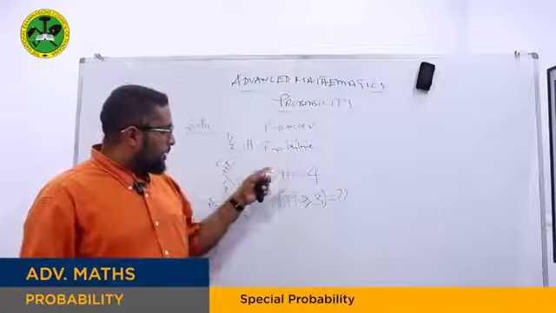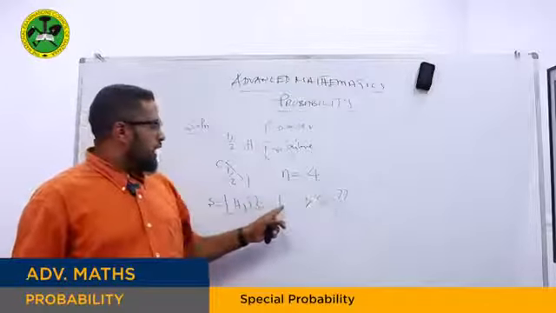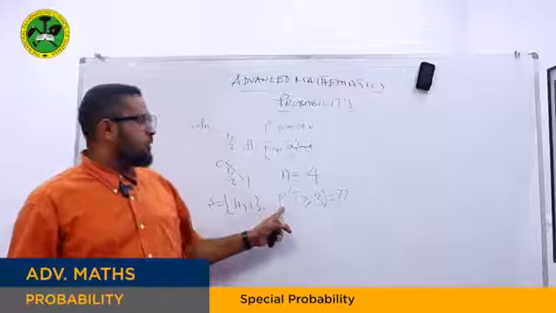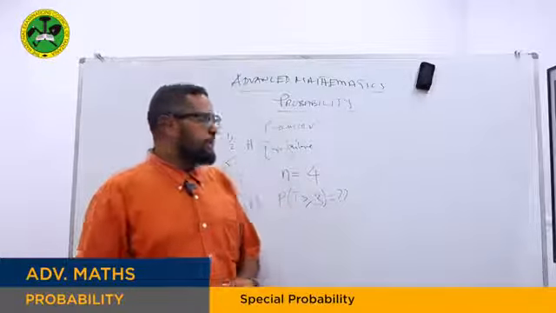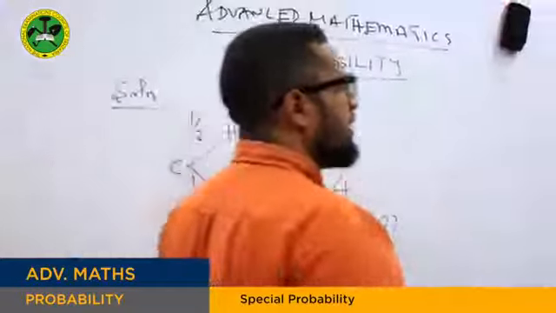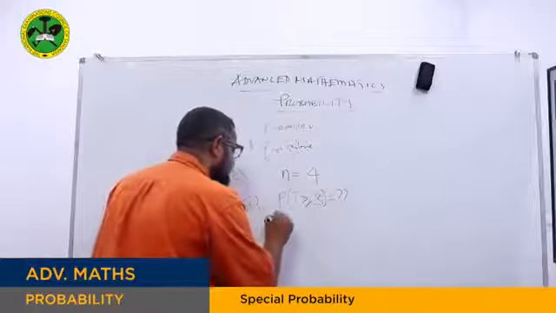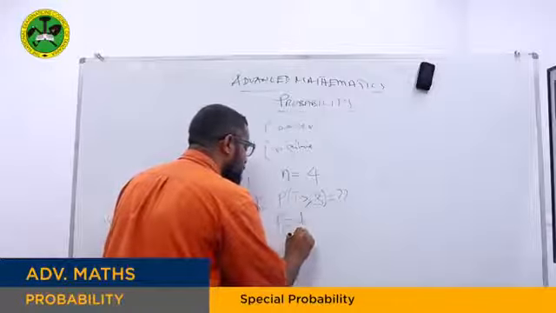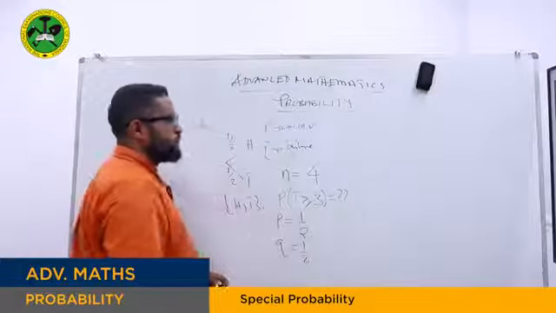We are given the number of trials as 4. Our question is asking the probability of obtaining at least 3 tails. Now, what is P and what is Q when you are using a fair coin? P will be equal to 1/2, and Q will also be equal to 1/2.